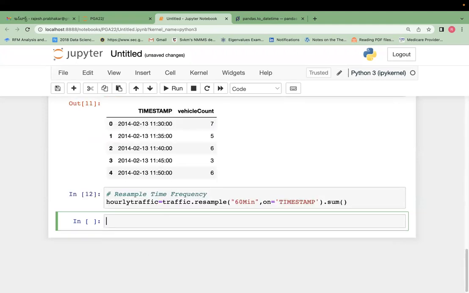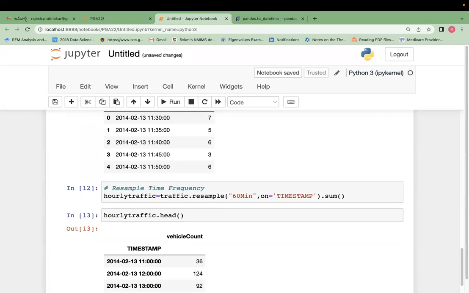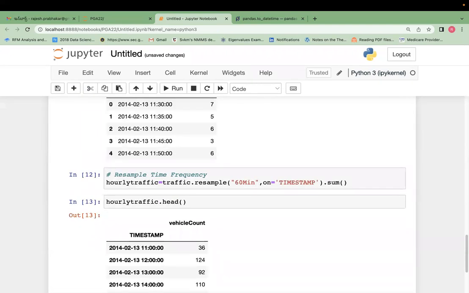So we will know the total number of vehicles passing through every hour. Now you can see the timestamps, 11 o'clock, 12 o'clock, 1 p.m., 2 p.m., like that. So we are converting the data into hourly traffic. Between 11 to 12, we have 124 vehicles passing through. Between 12 to 1, we have 92 vehicles.